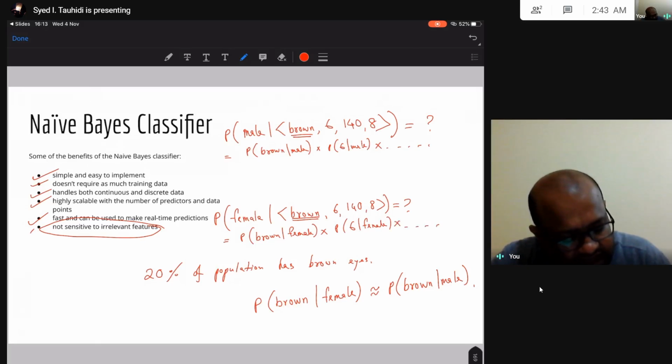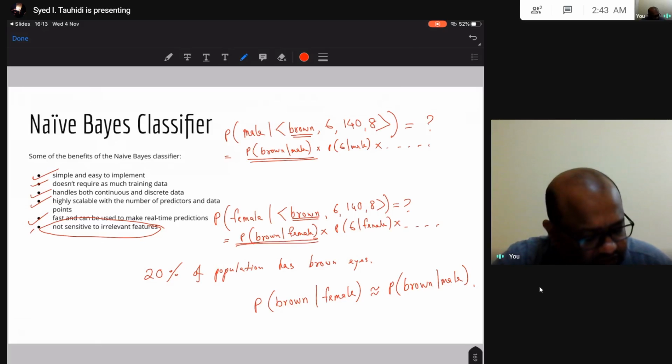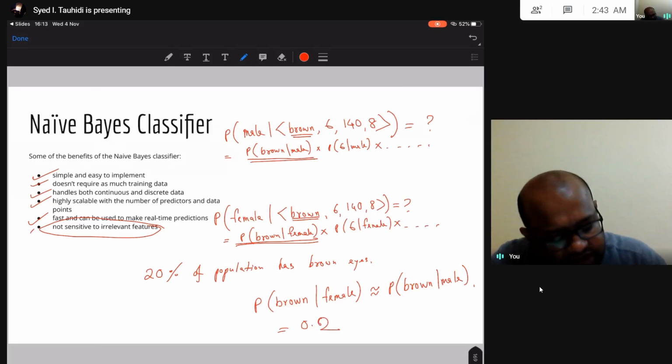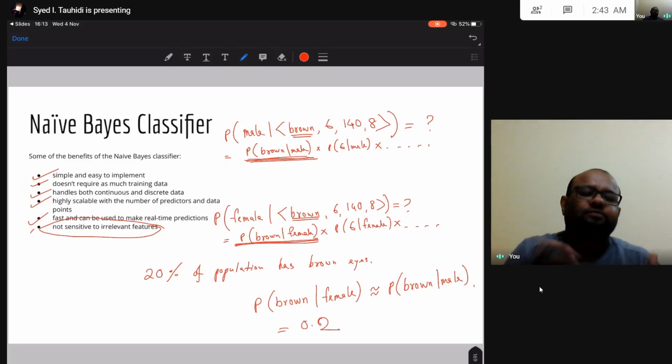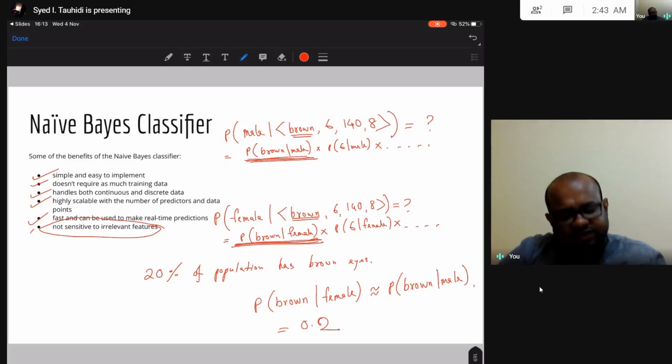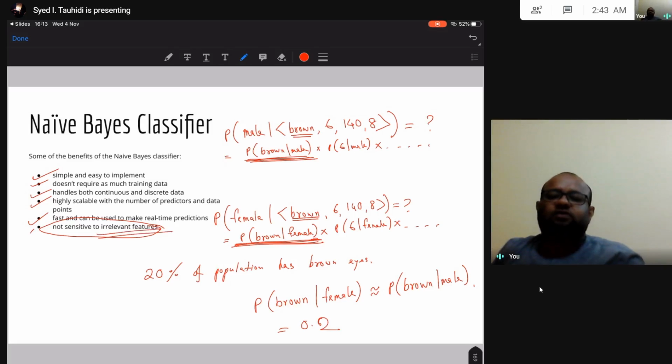Now see, I am multiplying both of these by the same value. Say this probability is equal to 0.2. So 20% of the people have brown eyes. So both of them are going to be multiplied by the same value, right? So this irrelevant feature is not going to affect my calculation.